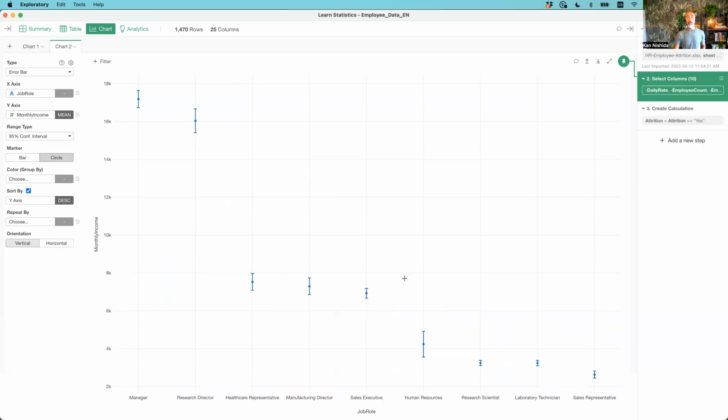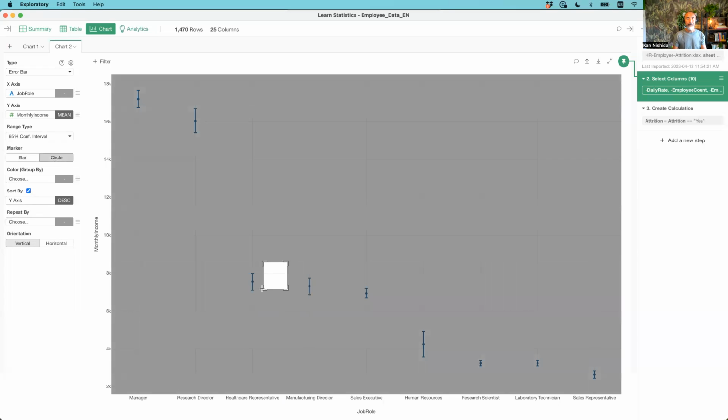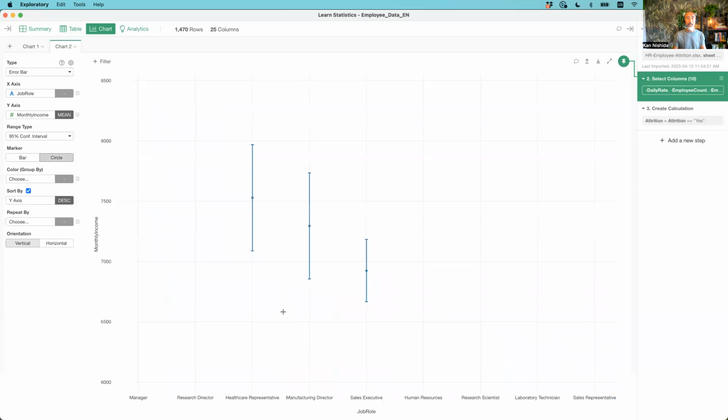Then basically what this helps us do is identify whether the difference is meaningful or significant. So meaning, if these lines are overlapping, then even though the mean is different, we can't say it's significant. This has something to do with the significance level or the confidence interval, which I talked about in more detail in a past seminar.